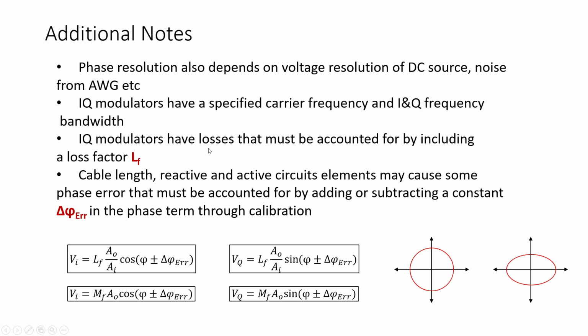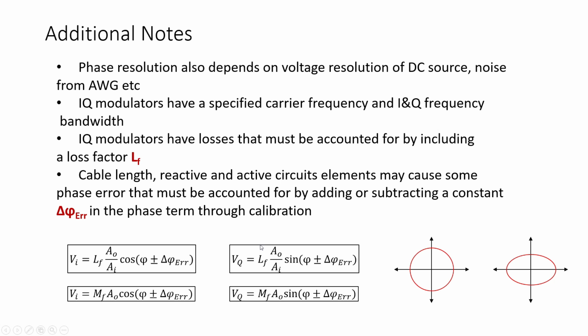IQ modulators have losses that must be accounted for by including a loss factor LF shown in this equation. This loss factor helps in compensating for the loss in amplitude of the output waveform. Cable length, reactive and active circuit elements may cause some phase error that must be accounted for by adding or subtracting a constant delta phase error in the phase term through calibration.